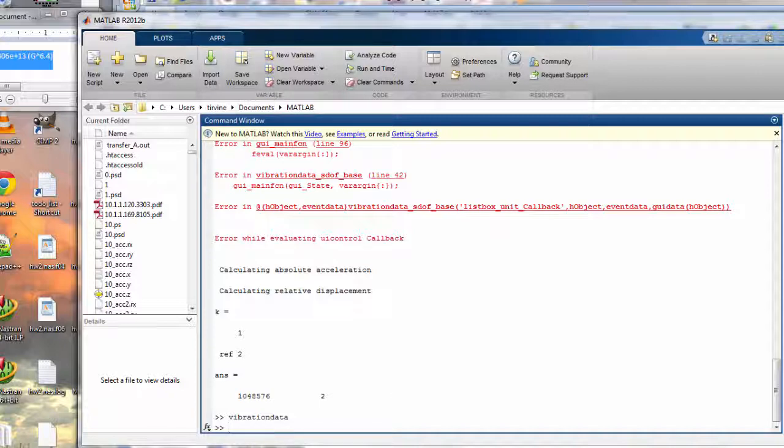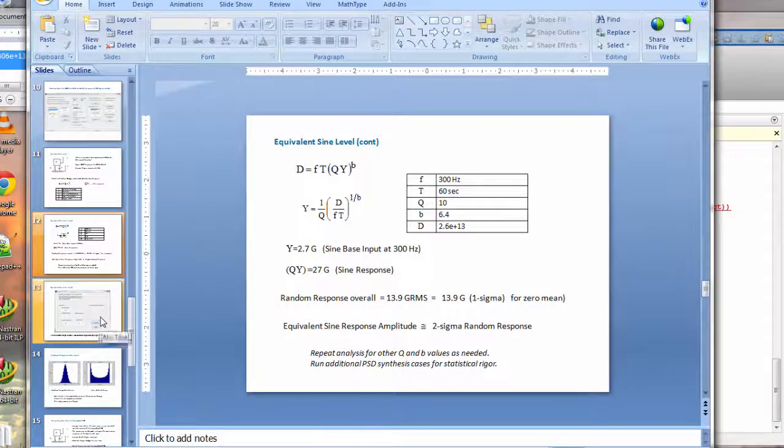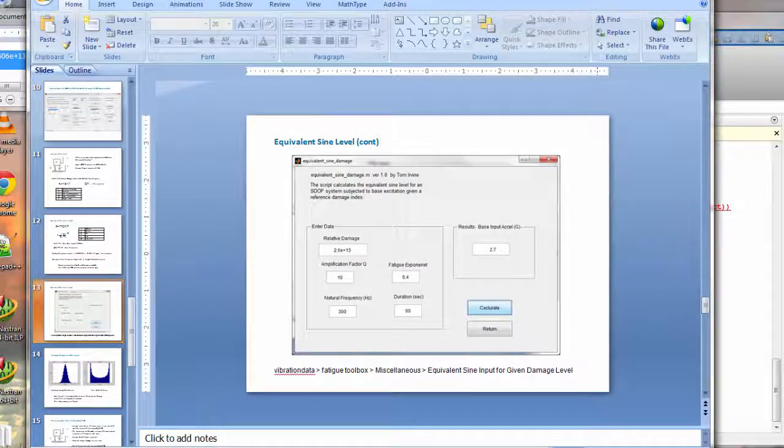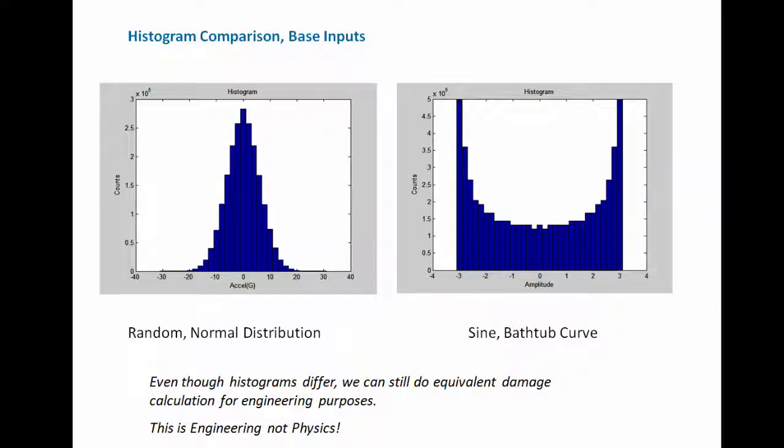Now the whole reason, in fact, let me go to the slides first. The whole reason I did this roundabout method of doing this time domain synthesis and all that was because I just wanted to emphasize that the histograms for sine and random are different.